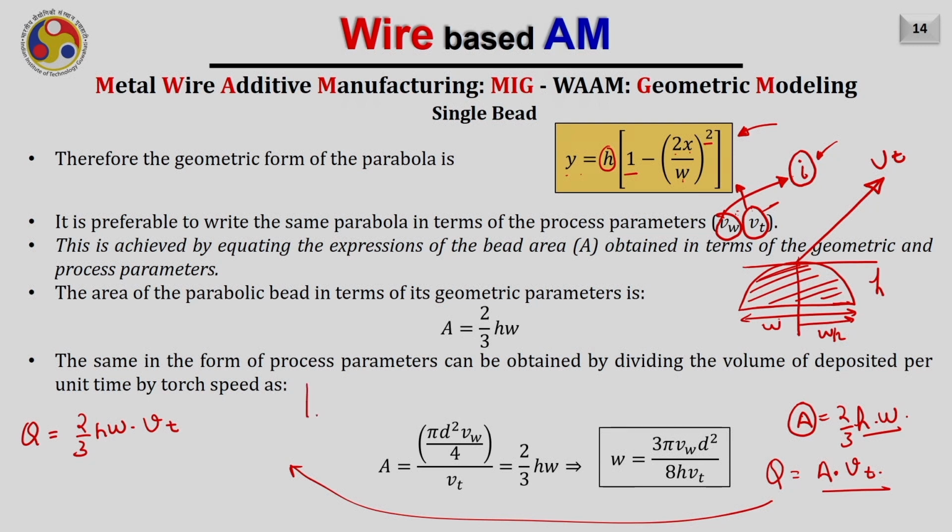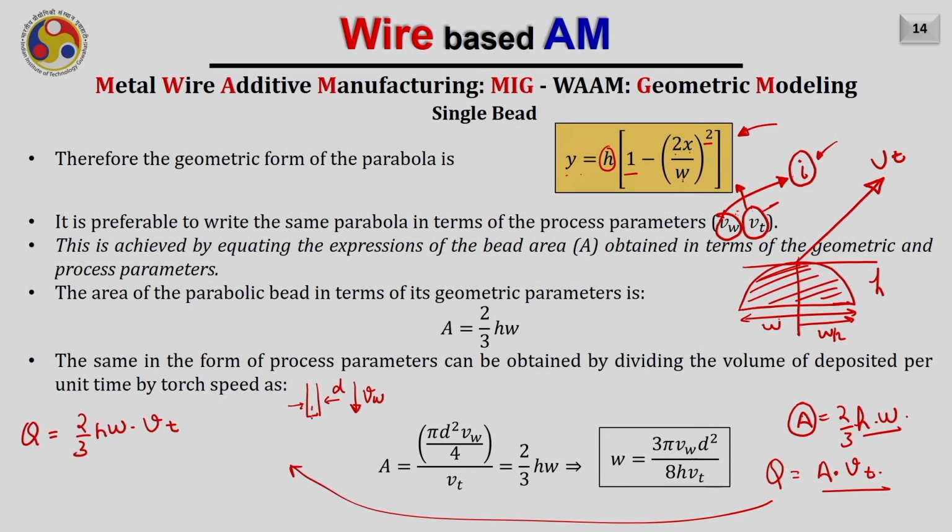Also the wire is coming, and the wire diameter is assumed to be d, and this wire is coming towards the molten pool with a speed Vw, that is the wire speed.